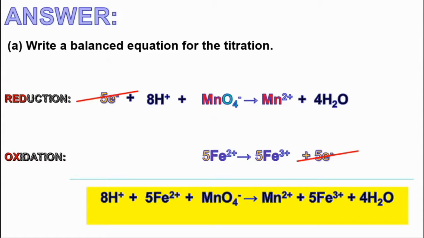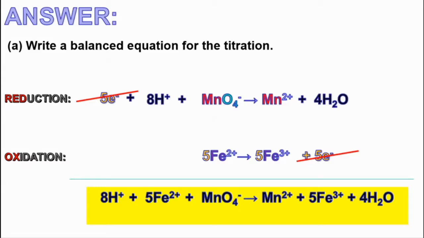Is this reaction in acidic or basic medium? How can we tell? Actually, this is in acidic medium or acidic solution. Remember, the question at the beginning stated that this sample of iron ore is dissolved in acidic solution.